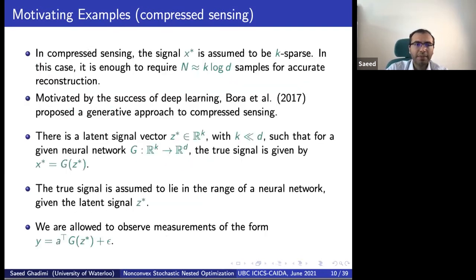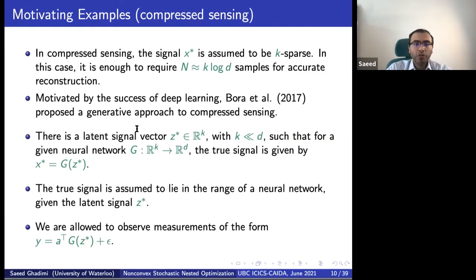For the sparse case, we know that we need K times log D samples for accurate reconstruction of the optimal signal. However, recently, motivated by the success of deep learning, people have proposed a generative approach to compressed sensing.